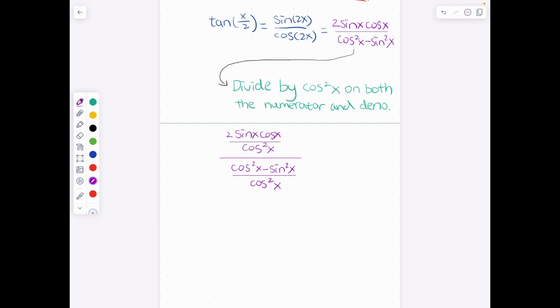Okay. So what is this equal to? So I mean, we can split into two parts, this part and this part, right?